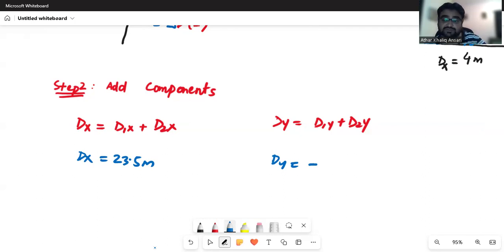Negative direction means it will be pointing downward. So the triangle will be here, in the positive x direction and the negative y direction. So I can just simply say this is dy.